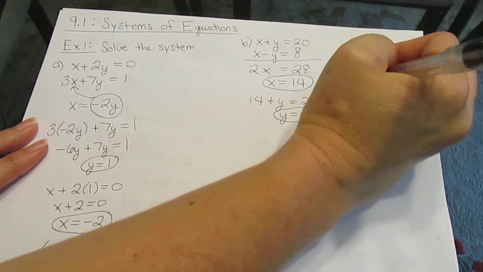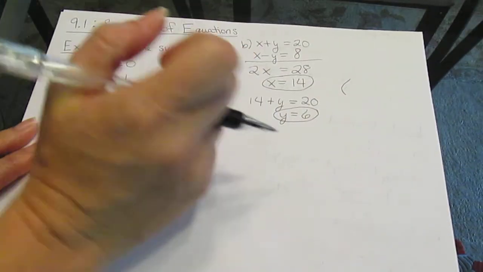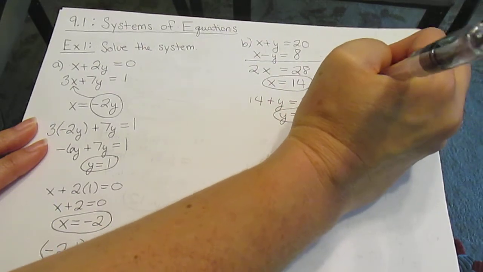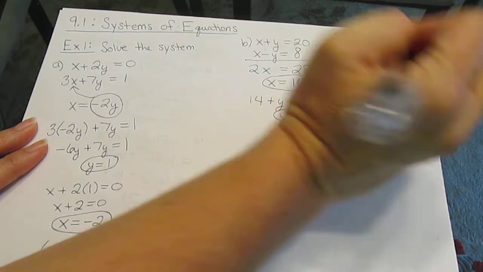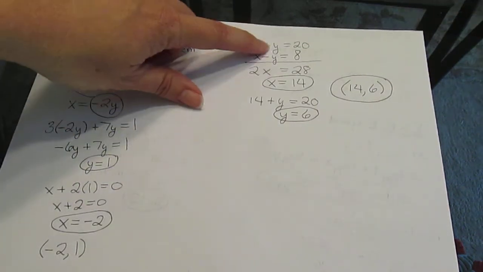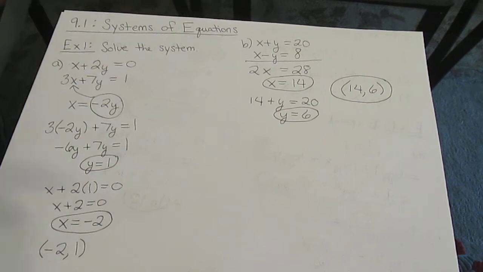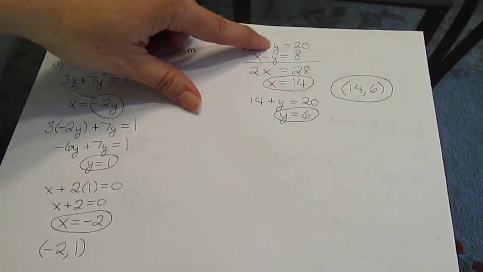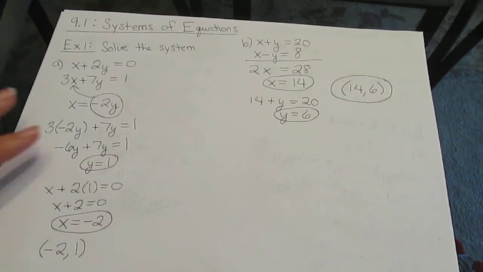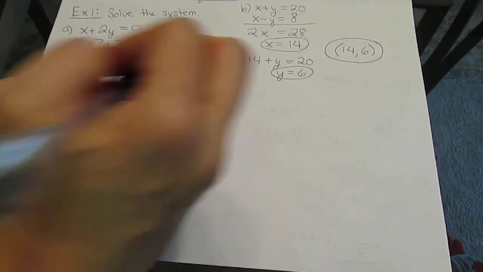So again, these two lines intersect at just one point, 14, 6. Well, sometimes you're not so lucky. You need to do something to at least one of the equations before you can get them to have the same coefficient, opposite signs. So let's look at a couple more examples.